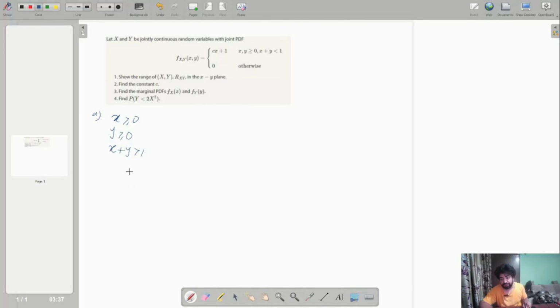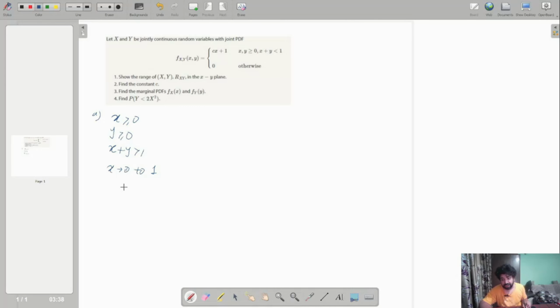Now what we have to do is find the range. In this case I can say x will range from 0 to 1, and x will be at least less than 1 because I have x plus y less than 1 also.